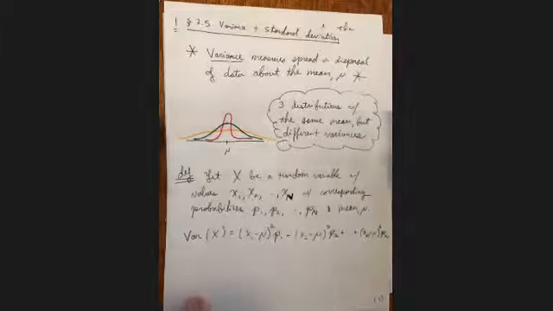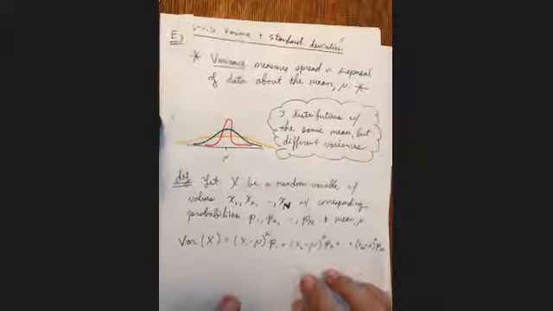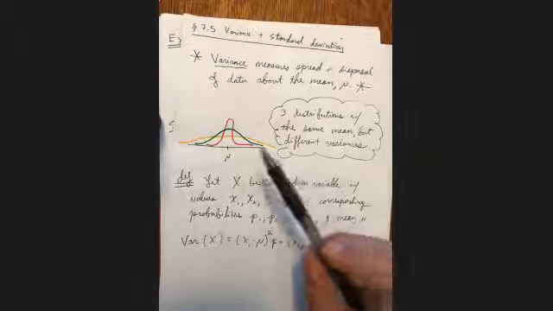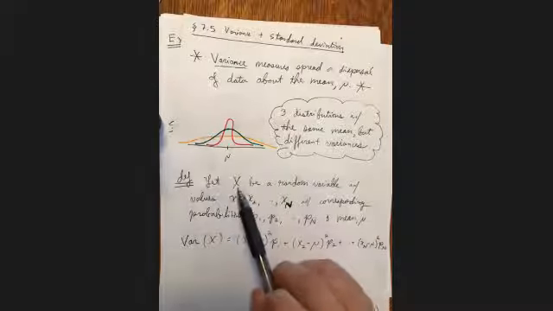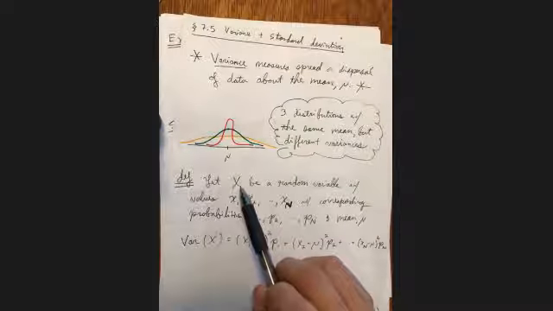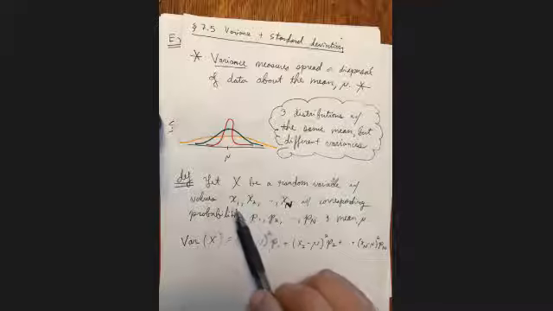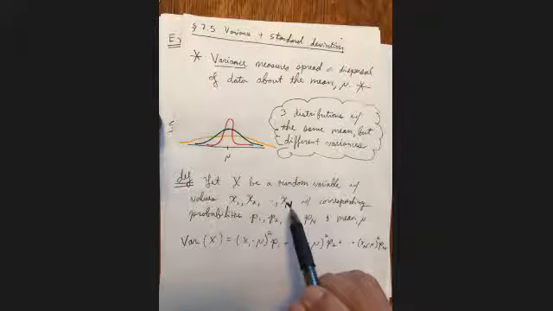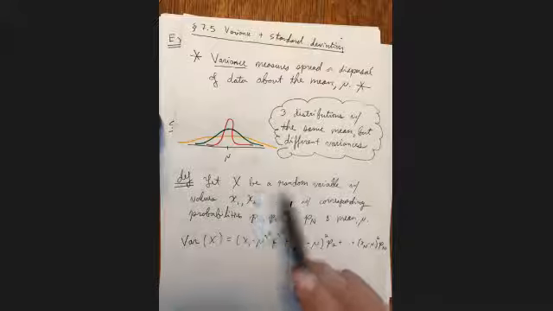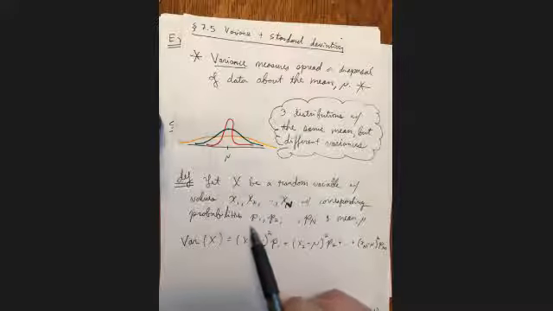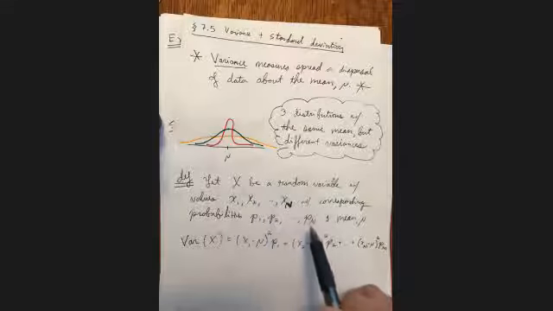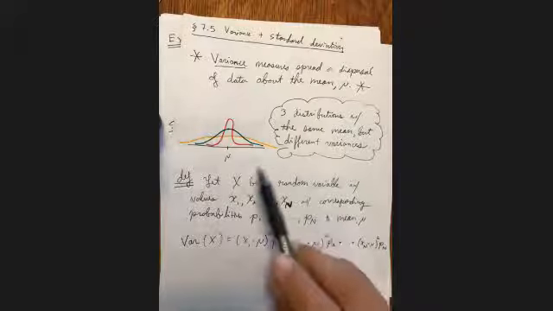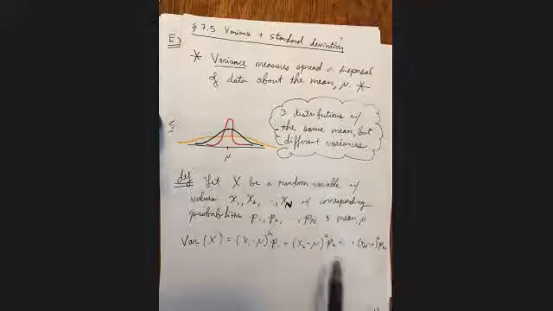Okay. So let's look at the mathematical definition for the variance. So if we start with a random variable x, and we know its values are x1 through x capital N, and each of these values has a corresponding probability of P1, P2, up to P capital N. And we know that the mean or expected value for this random variable is mu.